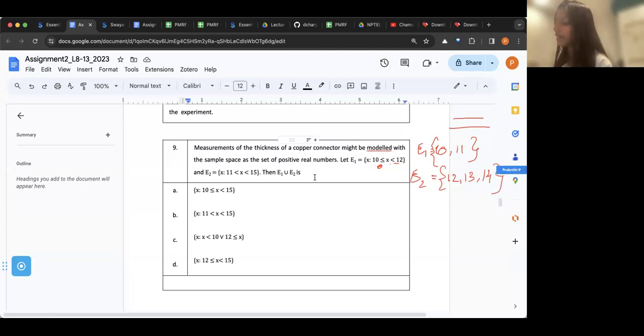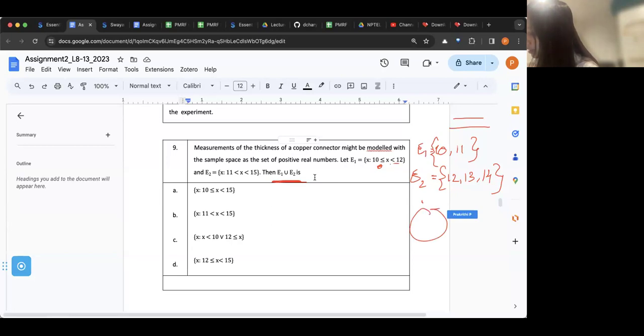So we have defined our two events, E1 and E2. Now we have to find E1 union E2. So what is the union here? You just combine everything. There's nothing common between these two. But yeah, you just take 10, 11, 12, 13, 14.